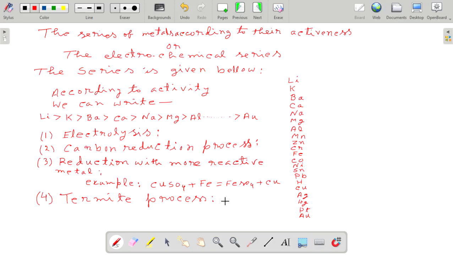The reaction between the metal oxide and the more reactive metal produces high temperature because the reaction is an exothermic reaction.